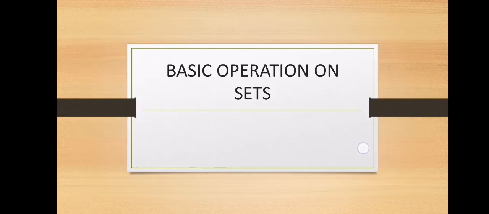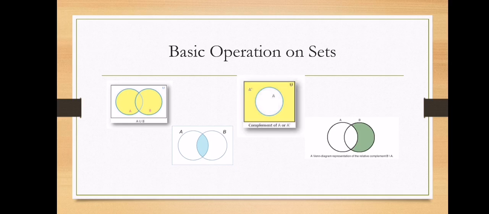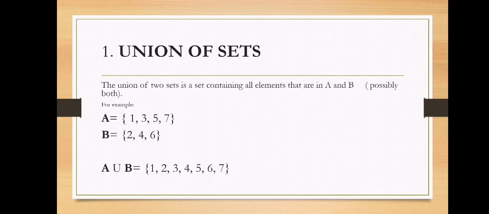Basic operations on sets. We have union, intersection, complement of set, and difference of set. In union of sets, the union of two sets is a set containing all elements that are in A and B. So we have here some example. Letter A is 1, 3, 5, 7.